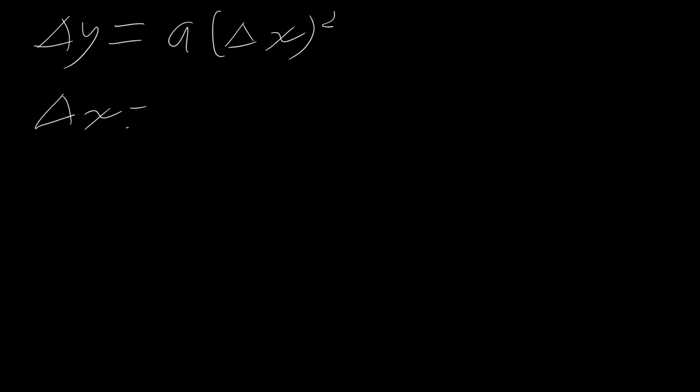We want to know the change in x from the turning point with a given change in y. So we know that the change in y equals a times the change in x squared. Therefore, the change in x equals the square root of the change in y divided by a.